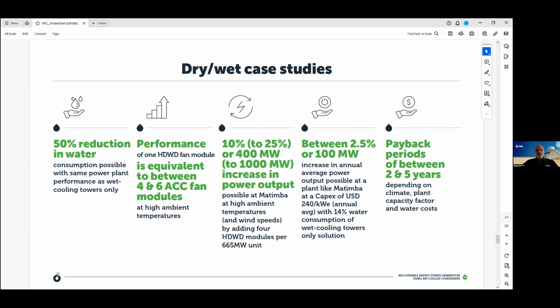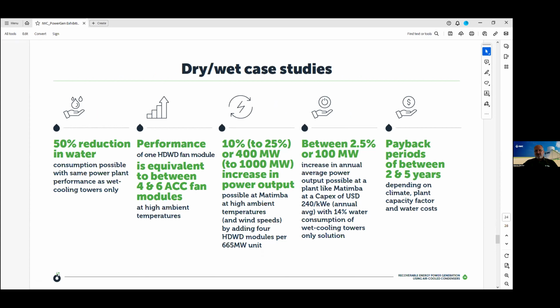So one study was that one could achieve, by combining dry and wet cooling, the same performance as a completely wet cooled power plant, but with 50% reduction in water. And this is incredibly valuable, especially in water scarce areas. So that was one of the first outcomes, which is something to take note of.